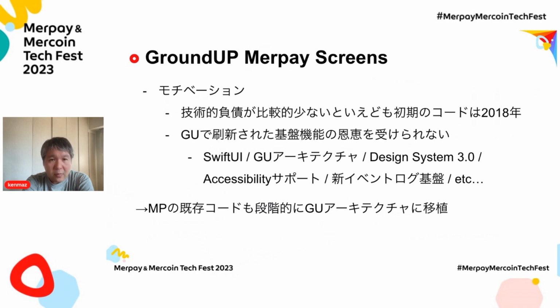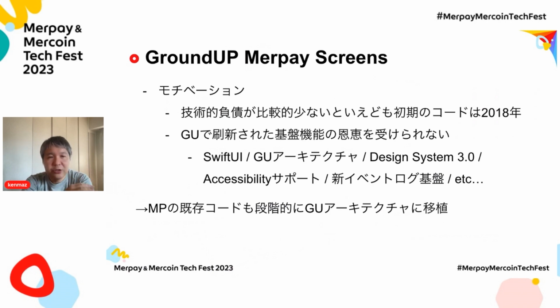And now, what we had. The Merpay code had initially low technical debt, and now I would like to talk about the reason why we decided to rewrite this. Although it was not that old, it was written in 2018, and because it's 2023, it's relatively old.